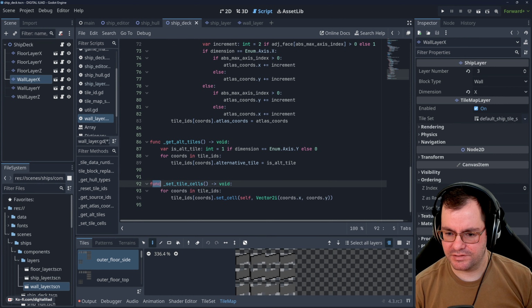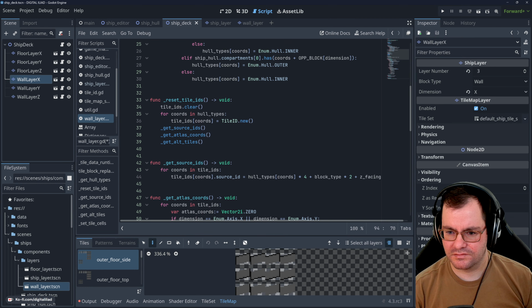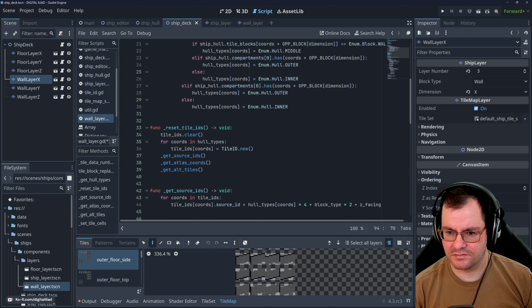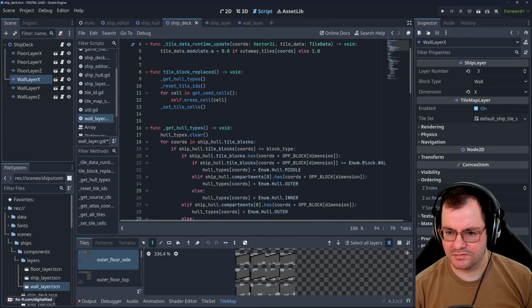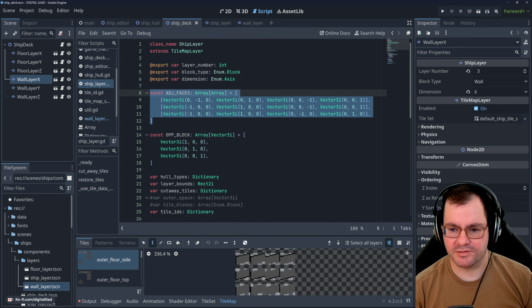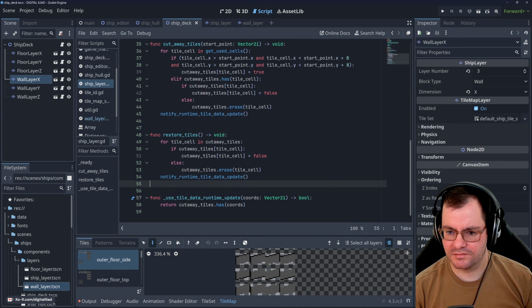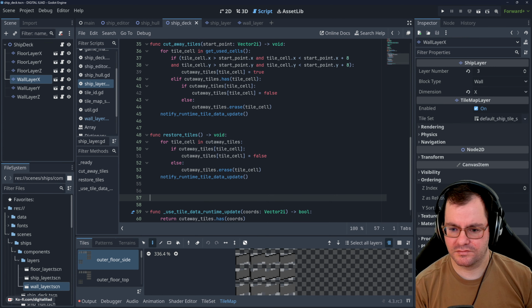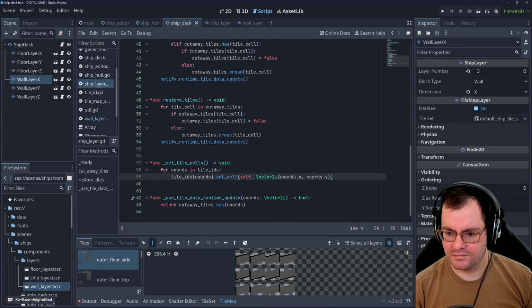This doesn't need to be here. This can be back up here. Use tile data runtime update.